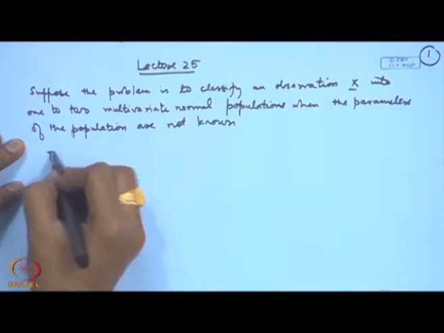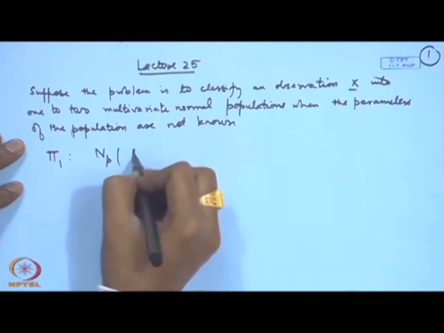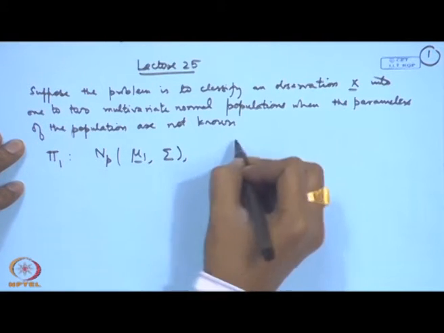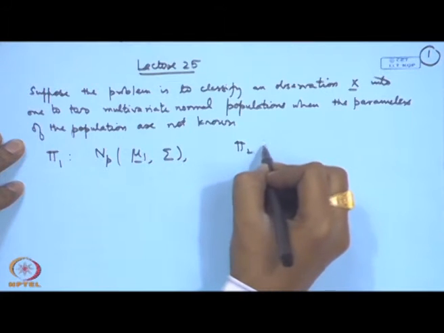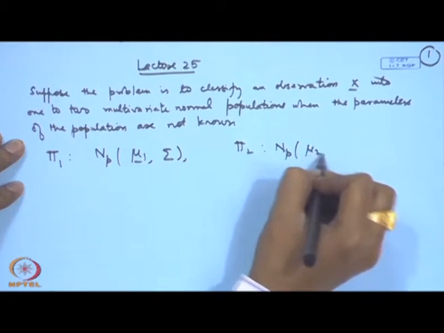So, we have pi 1, say N_p(mu 1, sigma), and pi 2 is N_p(mu 2, sigma).